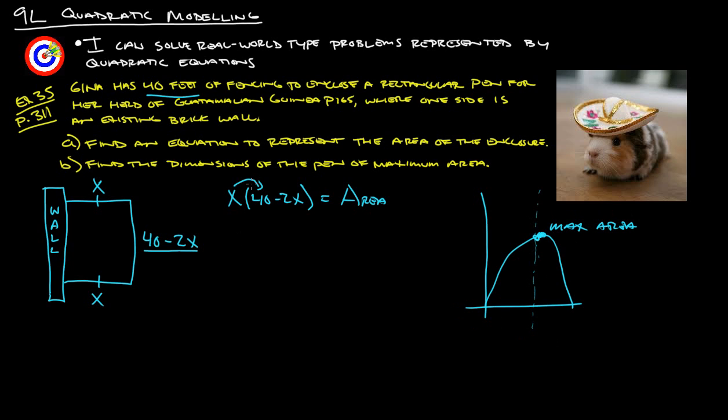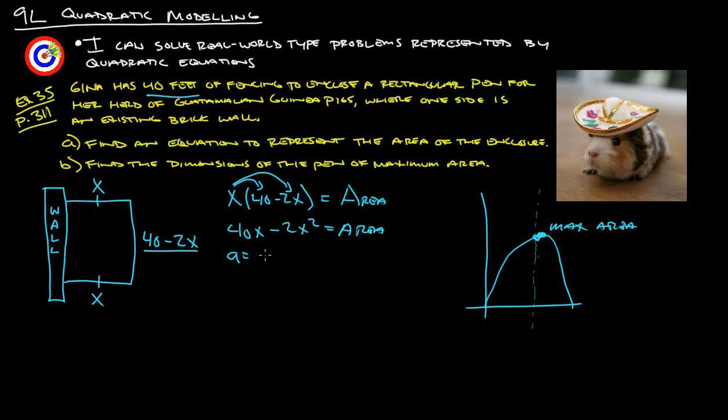So let's distribute this through, and then find the axis of symmetry, which should help us maximize our area. This gives us 40x minus 2x squared as our area.